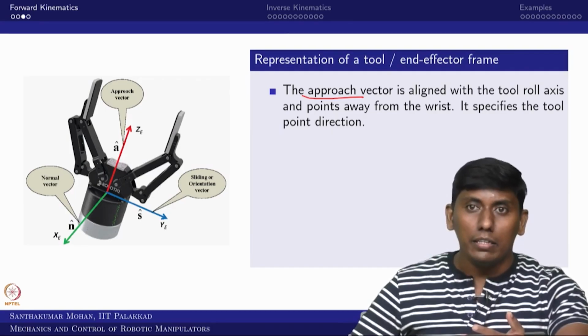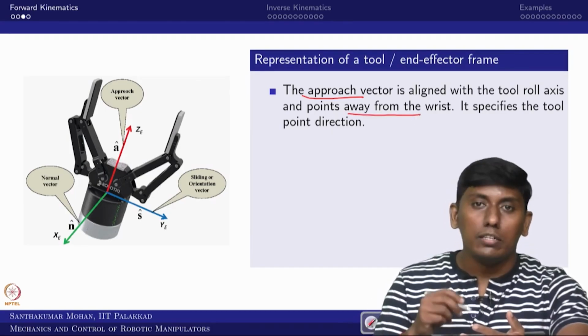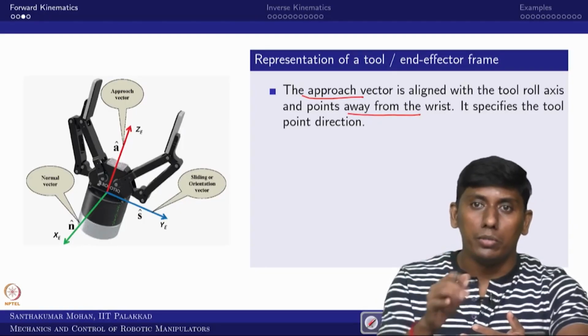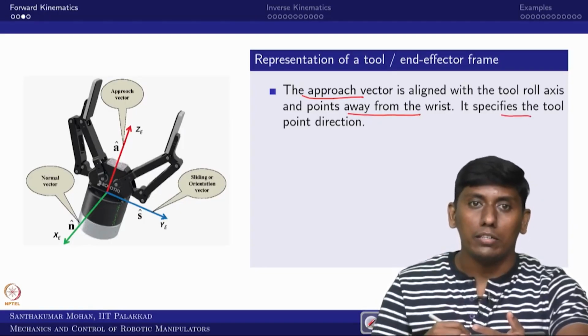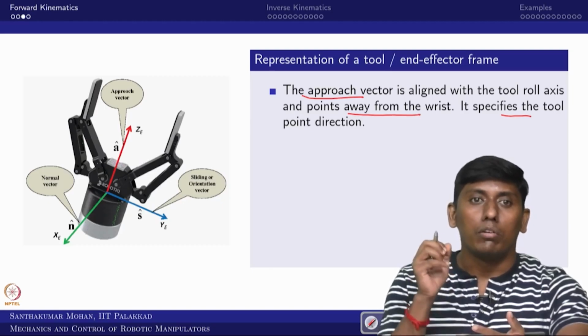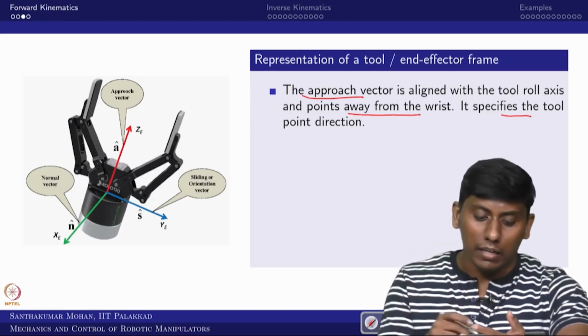Otherwise, we can take the orientation of the wrist, how it is approaching the object, that would be the tool point direction, or the gripper direction, or the end effector direction. That is what we are going to fix as the z axis.